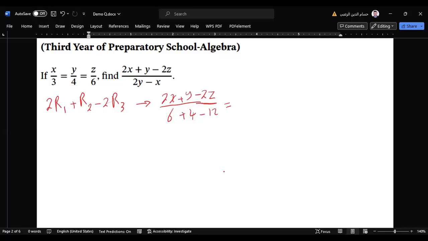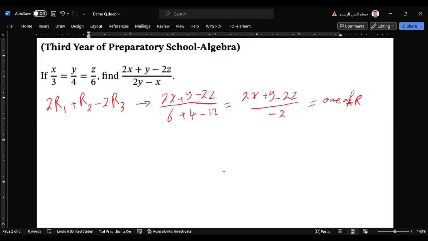Let's complete it. It will be 2x plus y minus 2z over negative 2, just equal to one of the ratios.